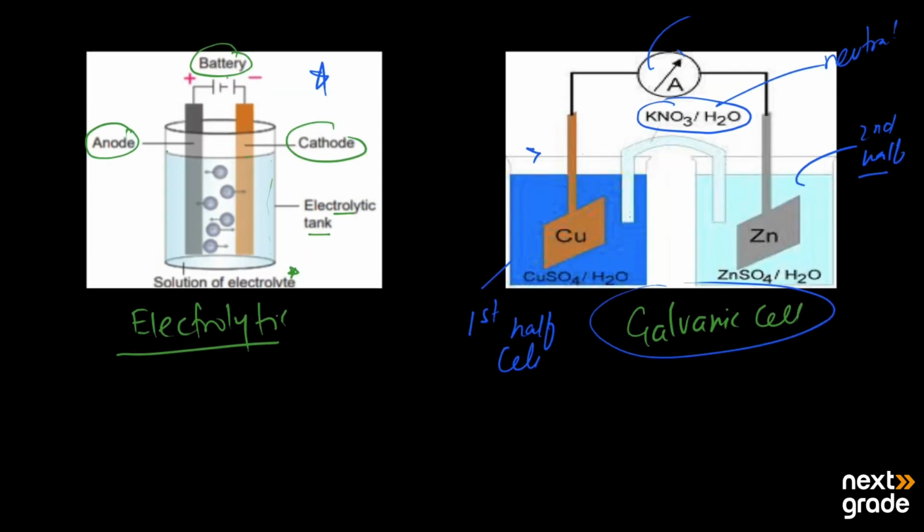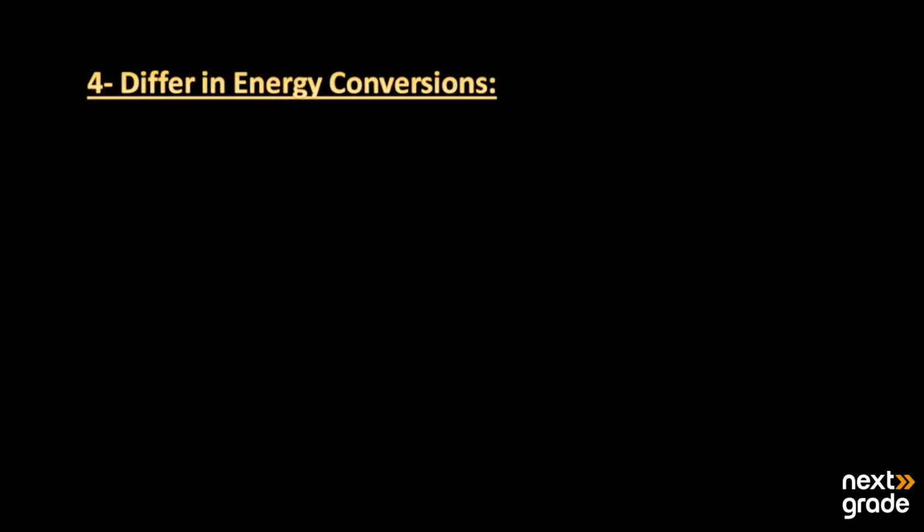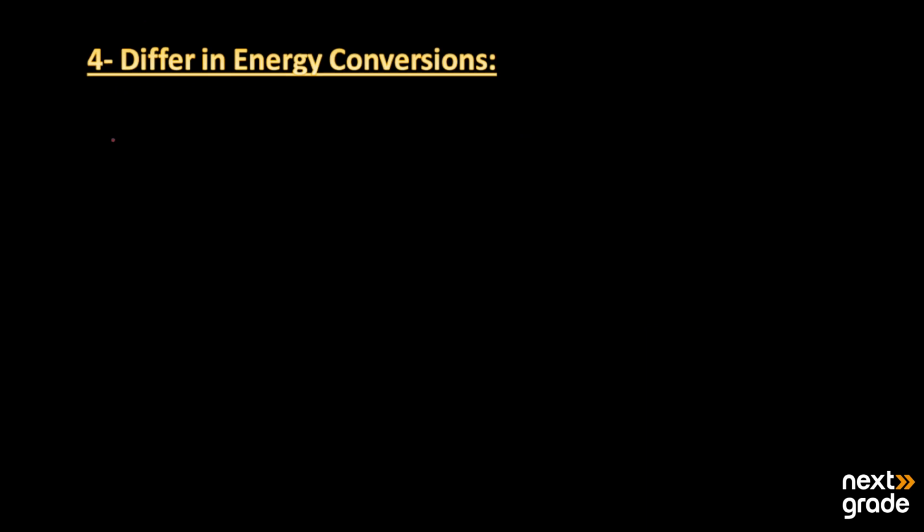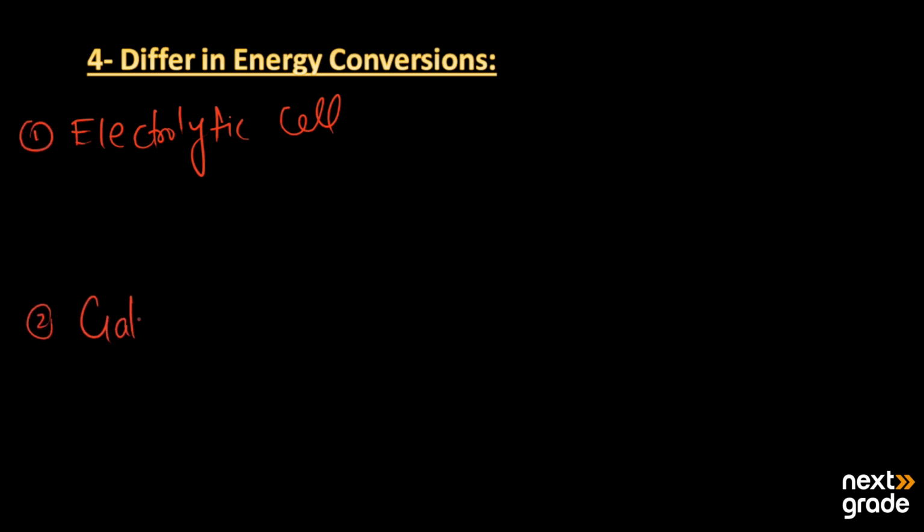The last difference between these two cells is that they differ in energy conversion. So we have two cells: the electrolytic cell and the galvanic cell. How do the energy changes take place?